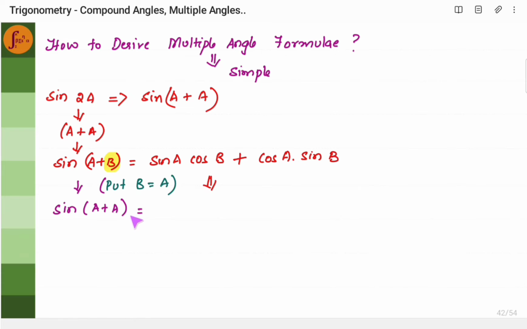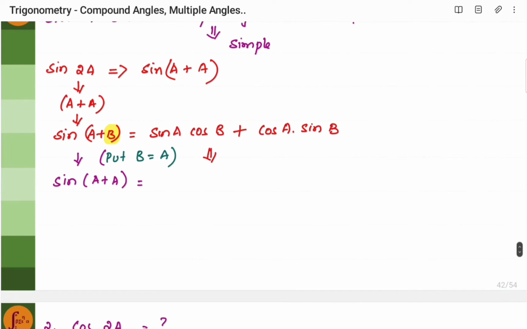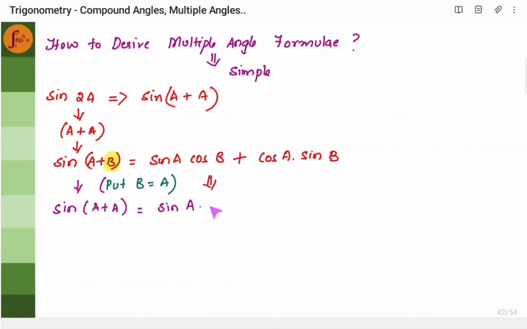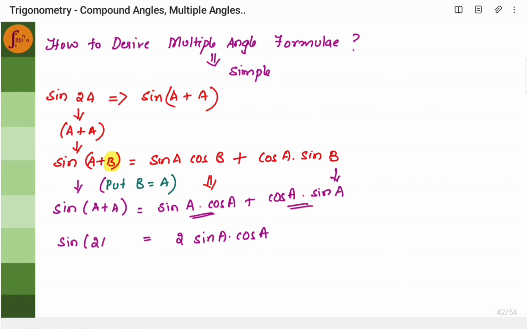So we'll get sin A plus A. Now we'll substitute, so we'll have sin A into cos A plus cos A into sin A. We are substituting A for B. Now we'll get sin A cos A plus cos A sin A. It's the same thing, so it is 2 sin A into cos A. This is one term, this is one term, so it is 2 sin A cos A. And this sin A plus A is nothing but sin 2A.